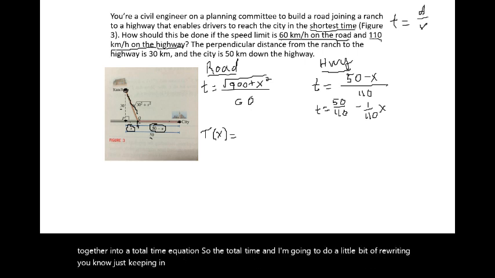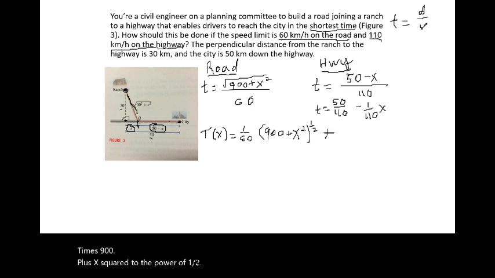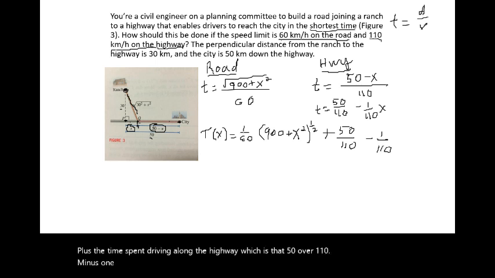So I'm going to rewrite the total time equation as the time spent driving along the road, which is 1 over 60 times 900 plus x squared to the power of 1/2, plus the time spent driving along the highway, which is that 50 over 110 minus 1 over 110x.